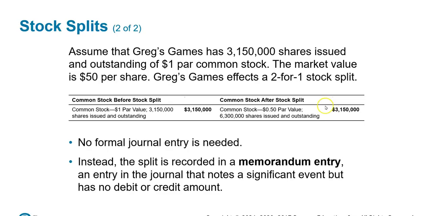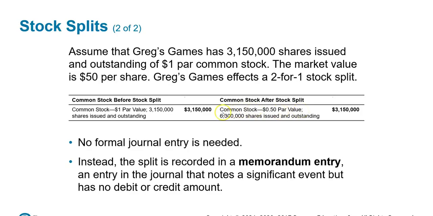It's similar to a pizza. If you had a pizza with 8 slices for the whole, and then you decided to make a 2-for-1 split, so you cut it up into 16 slices, you still only have one pizza. It's just cut up into smaller shares, so the par value gets cut in half and the number of shares doubles.